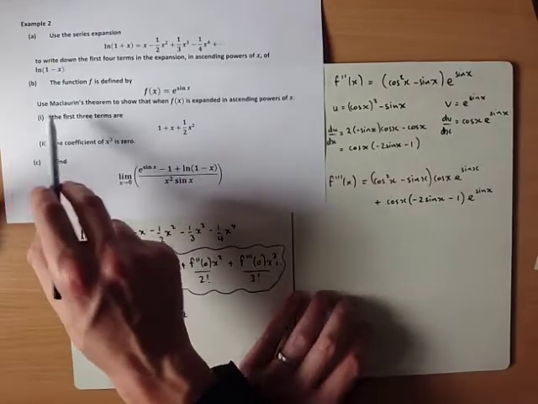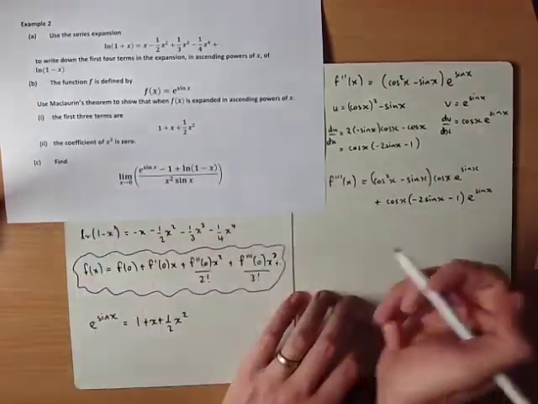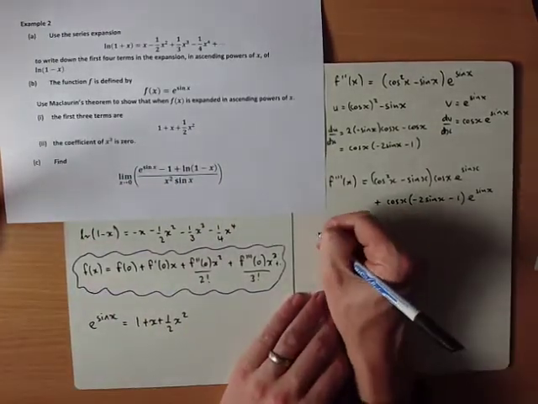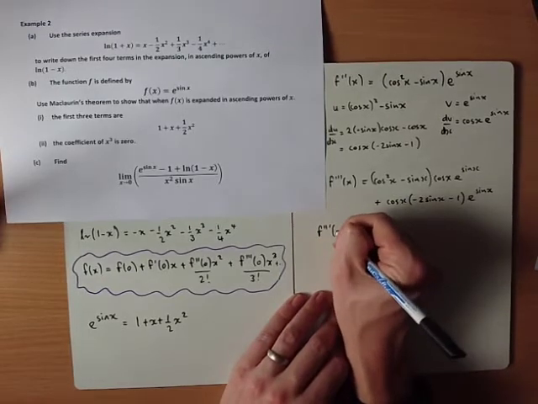We need to show that the x cubed coefficient is 0, so we're going to show that this is equal to 0. Let's see.